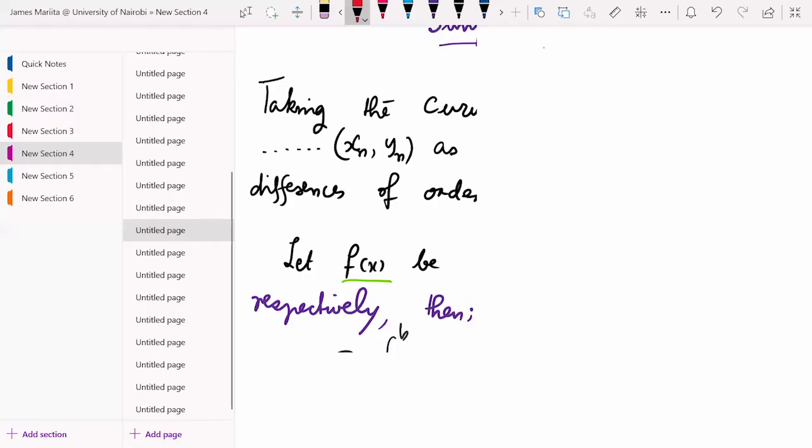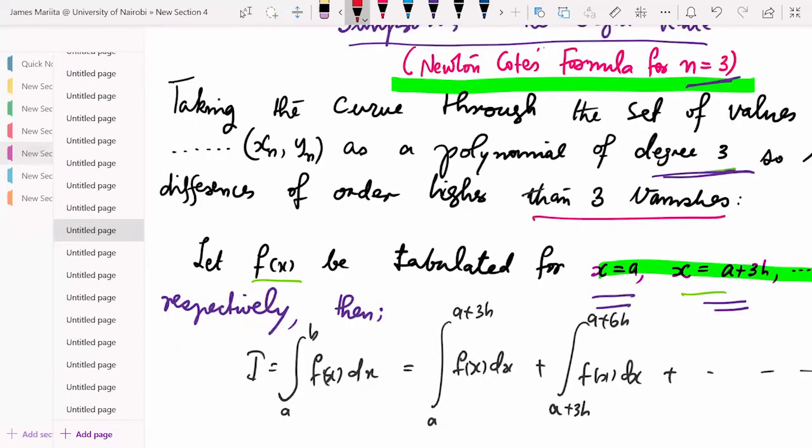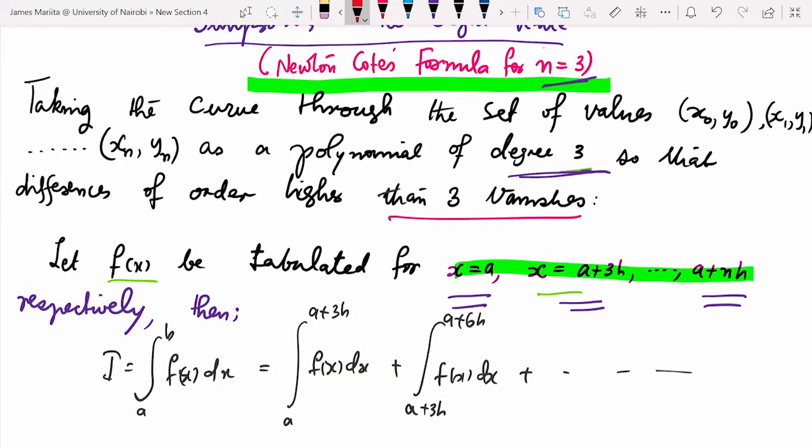You see, one thing that you are supposed to note very fast before you think how far the differences will go is actually this first statement. In this case, we are thinking of a polynomial of degree 3. For n is equals to 3, we are thinking of a polynomial of degree 3. So when you are working out your I1, I2, I3, and so on, remember that any differences higher than order 3 will vanish.